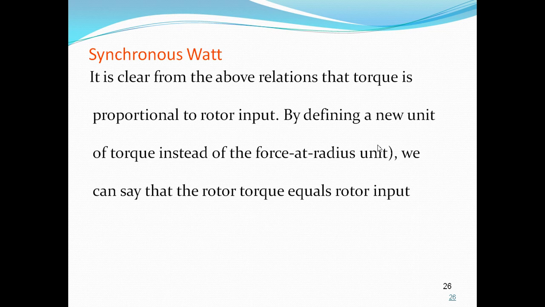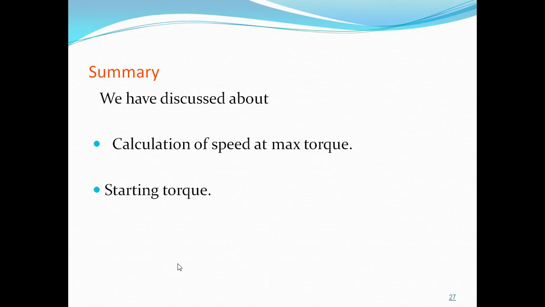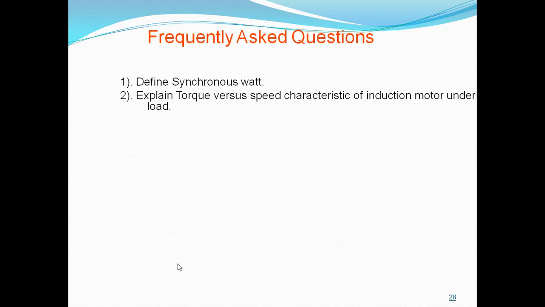We can say that torque is equal to rotor input. The new unit is synchronous watts. So what we have covered, we have calculated the speed at maximum torque, maximum torque, and full load torque.